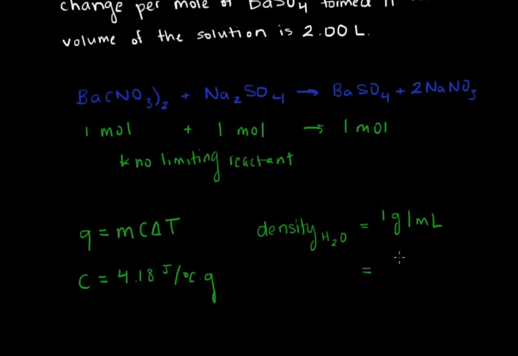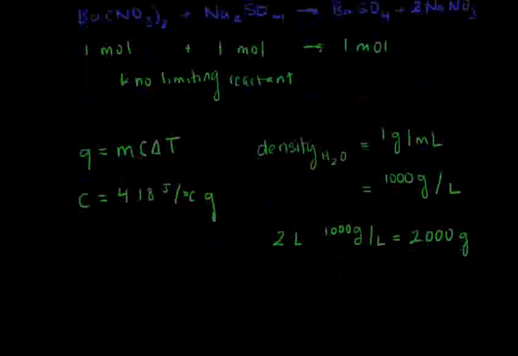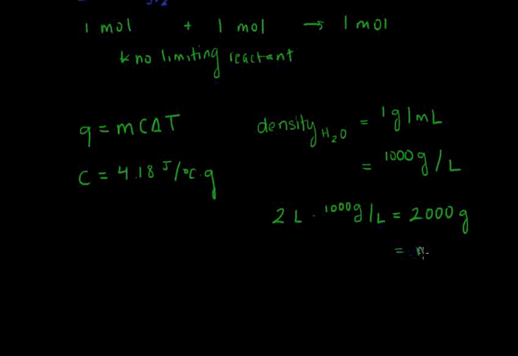So the density of water is equal to 1,000 grams per liter. If we've got 2 liters of water, we just multiply volume by density, 1,000 grams per liter. We see that we've got 2,000 grams of water to work with. So that's our M value.